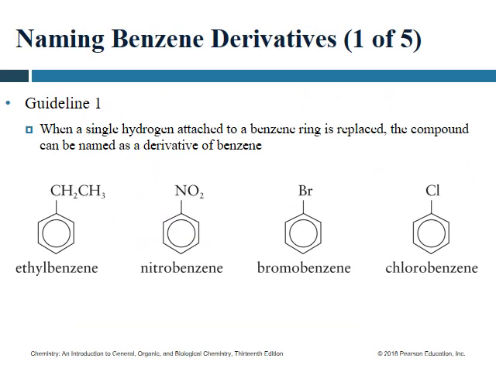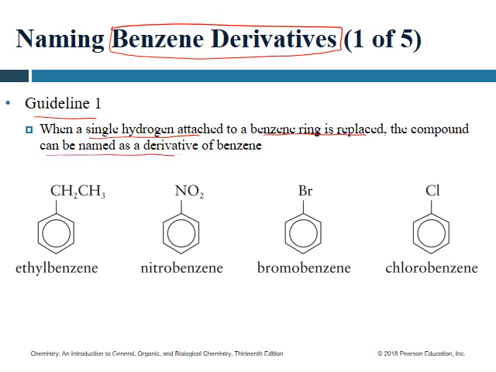So now let's try to understand how we can name a benzene derivative. There are a couple of rules that you need to follow before you can name any benzene compound. Rule number 1 says when a single hydrogen attached to a benzene ring is replaced, the compound can be named as a derivative of benzene.